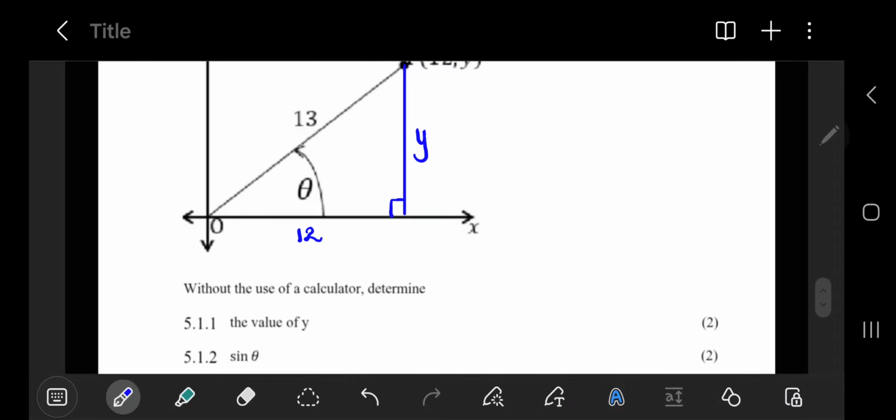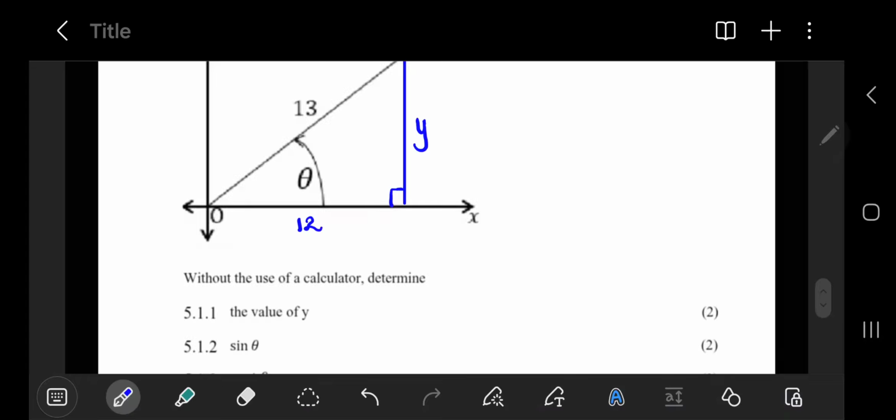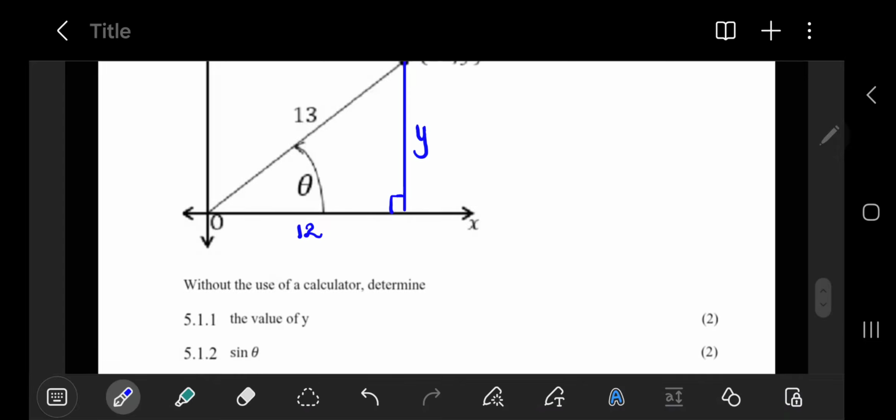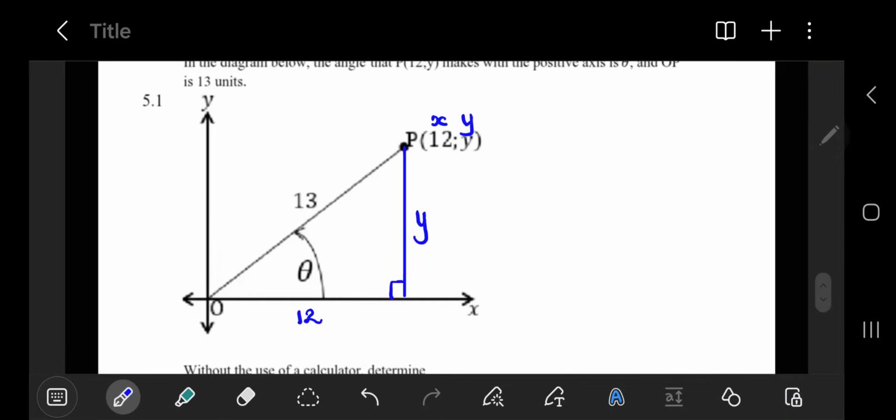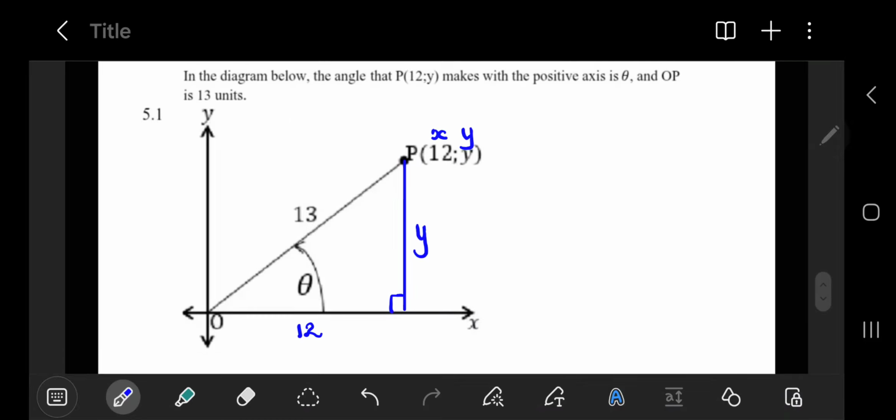Now it says, without the use of a calculator, determine, and the first thing they want is the value of y. So we need to ask ourselves, how can we calculate the value of y? We've got a right angle triangle. We know two sides of the triangle, but this third side is unknown. Immediately, you should think of the theorem of Pythagoras.